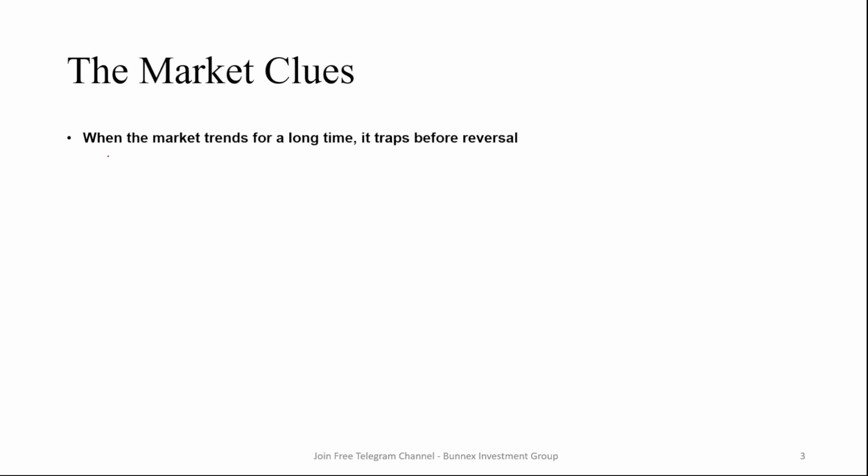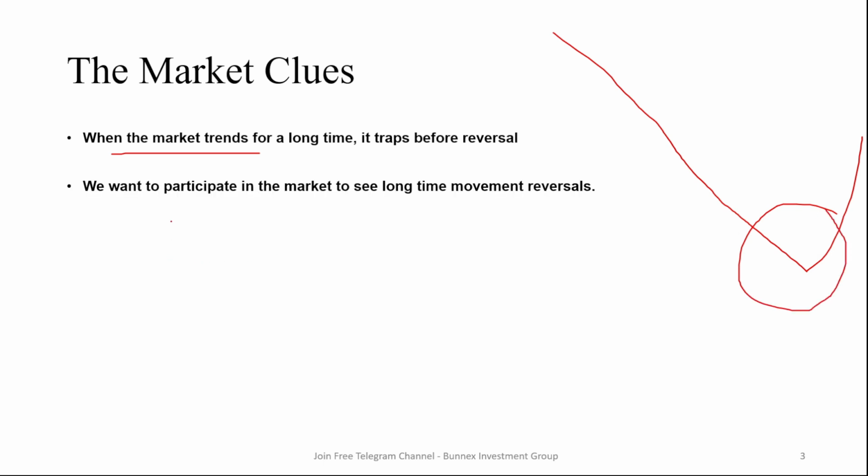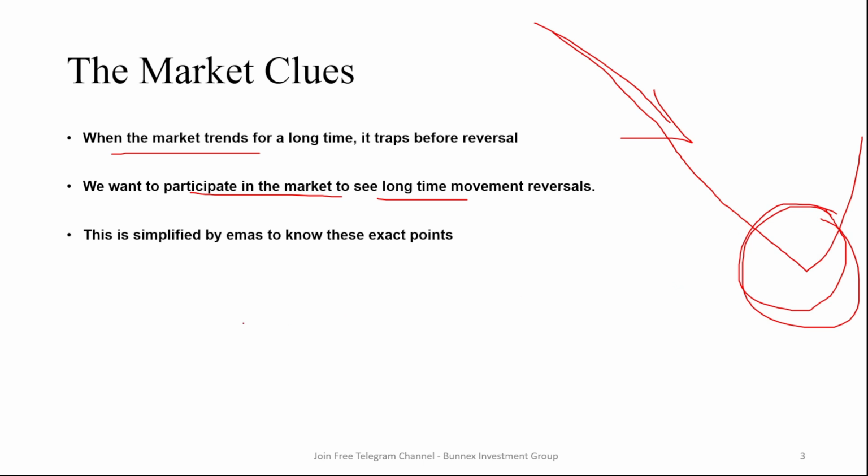Basically, when the market trends for a long time, it traps before reversal. We are saying the markets usually trend for a long time. Where we want to take action is this particular point. So we want to participate in the market to see long time movement reversals, right? When the market moves in one particular direction for a long time, we want to participate when it starts to reverse. This is simplified by use of EMAs, exponential moving averages, to know these exact points.